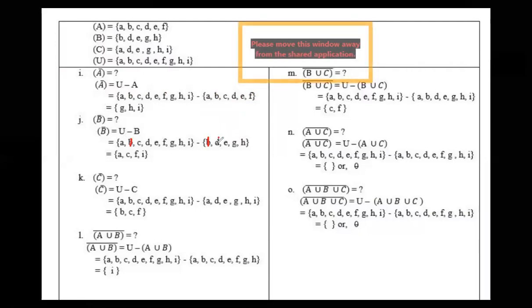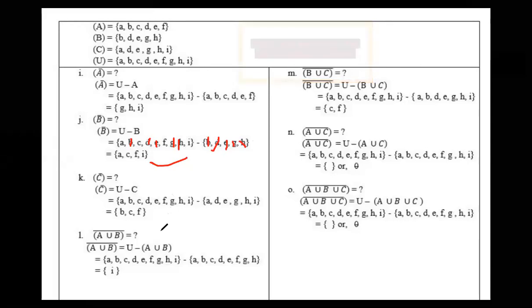B is repeated, D is repeated, E is repeated, G is repeated, and H is also repeated. What remains now? A, C, F, I. So this is our answer. Whatever repeated letters are there, no need to write them, and whatever unrepeated letters are there, you need to write down as the answer. If it's minus, we need to do it this way.